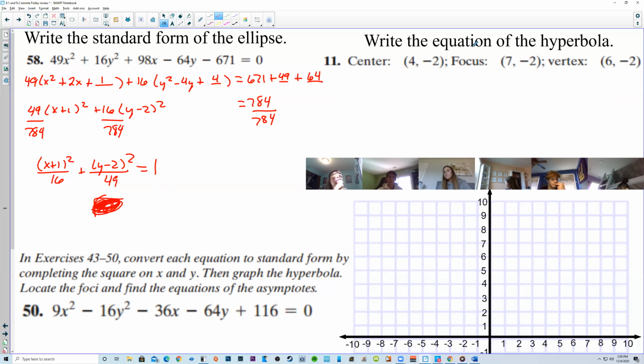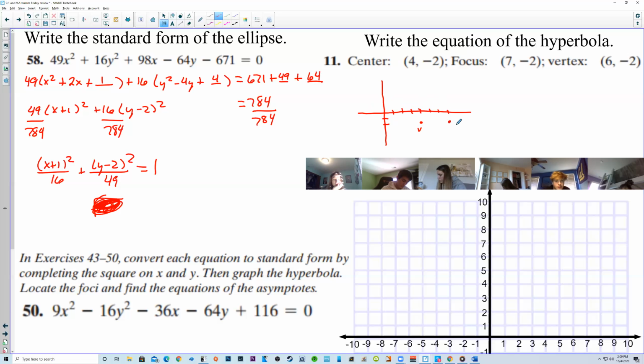Write the equation of the hyperbola. Now we're going from ellipses to hyperbolas. All they do is give me points. So I think I'm going to plot this to see what's going on. It doesn't even have to be this fancy, but we'll make it somewhat fancy. That's the center. The focus is at 7, negative 2.